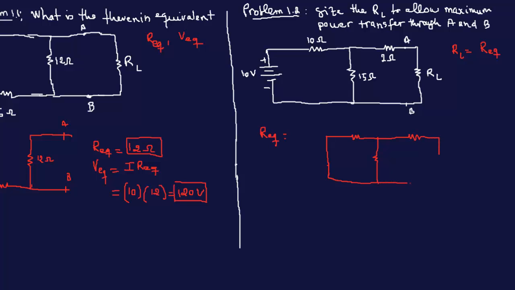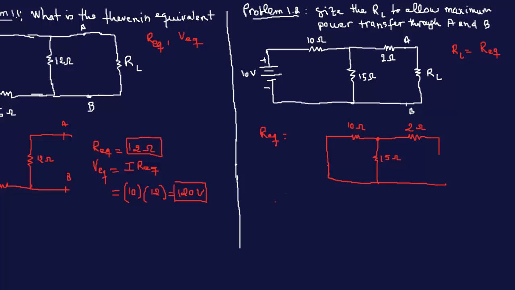RL is disconnected, and every time you're doing Thevenin, you disconnect the RL. So you have 2 here, you have 15, and then you have 10 here. These two are in parallel because of the branch here. They're not in series, so these two are in parallel.